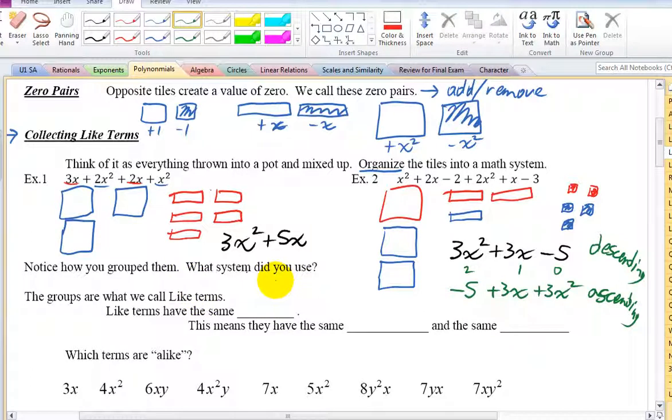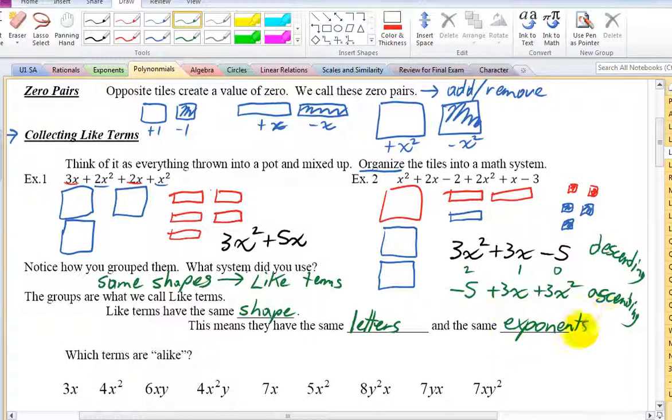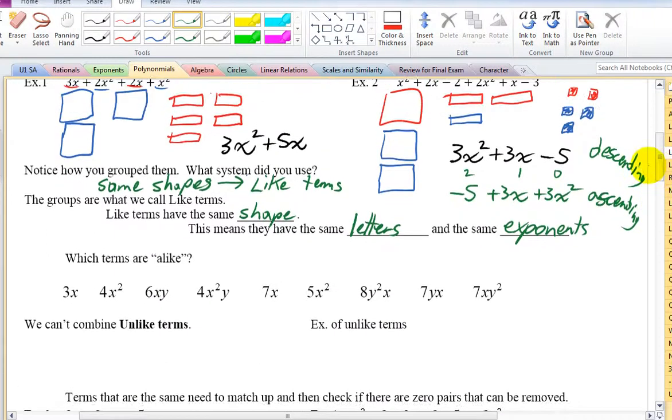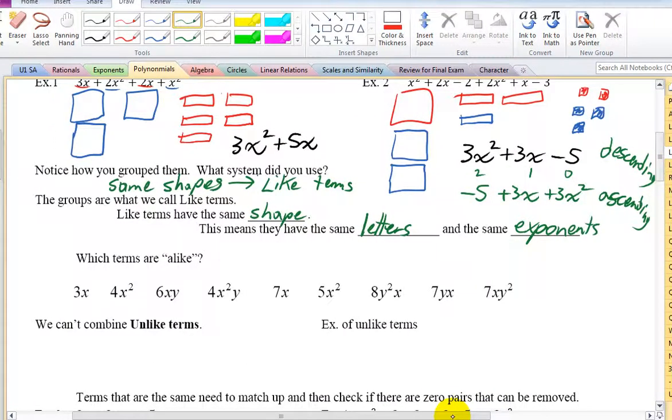So how did you group these? Same shapes you group together, and same shapes are like terms. Okay. So the groups are like terms have the same shape. Now what that means is that they have the same letters and the same exponents. Nothing can be different. So that's the definition.